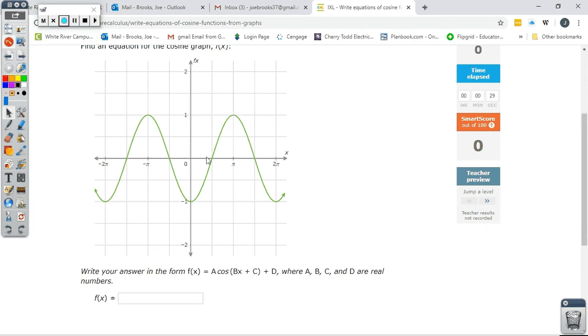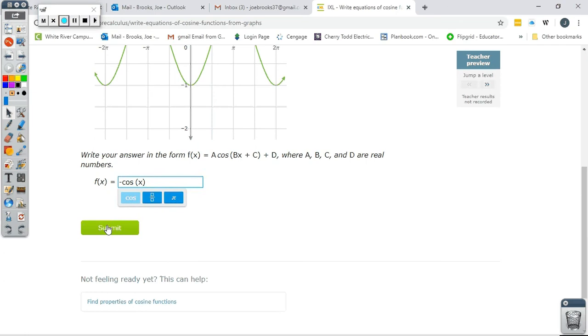And the amplitude is 1, so we're going to have just negative cosine. From here to here is 1 complete cycle before it repeats itself. So that's 2 pi, that's normal, so we're just going to have x. And there's no phase shift. And it didn't go up or down, so that's it. Try that out. Okay, submit.